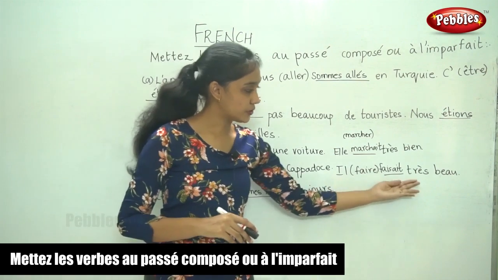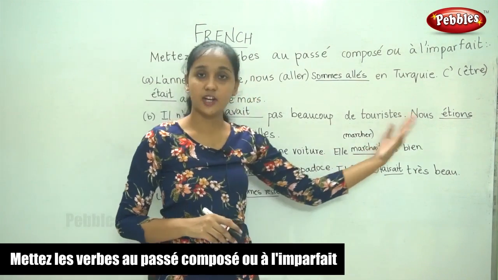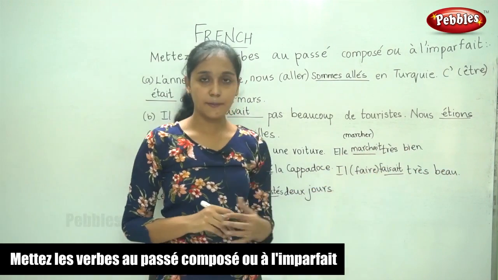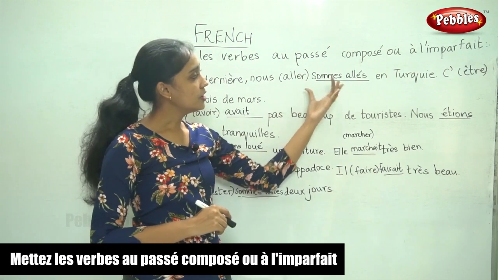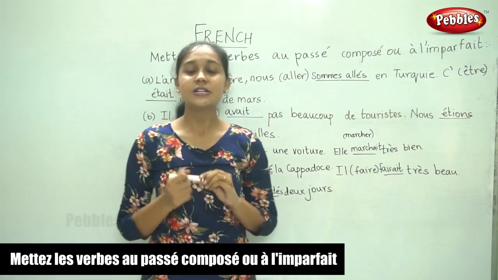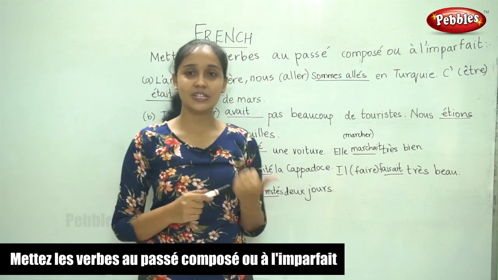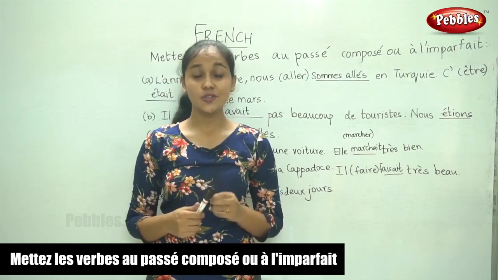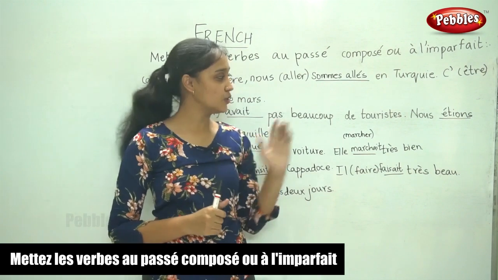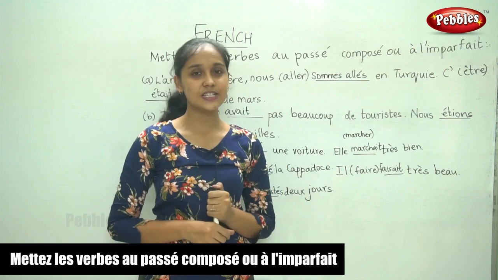It was beautiful. It went very well. So in descriptions we use the imparfait. For any action we use passé composé. So now you must be thorough with these 2 tenses as well. And I'm sure you won't get confused because you know the rules and you know how to apply these rules to the sentences.